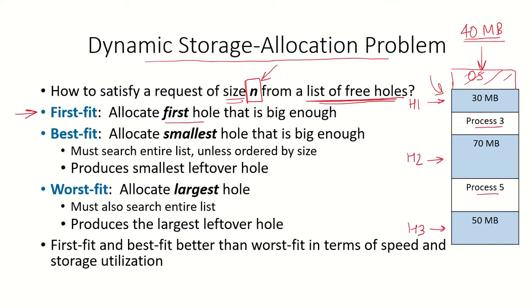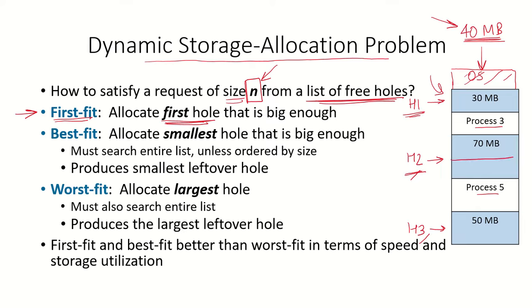Now the operating system has information about all the available memory. If it follows the first fit algorithm, it finds the first hole that is big enough. So it checks the details of hole 1, it is 30 MB. It is not large enough to fit the requirement of 40 MB. So it checks the next hole, yes. Now 70 MB is larger than 40 MB.